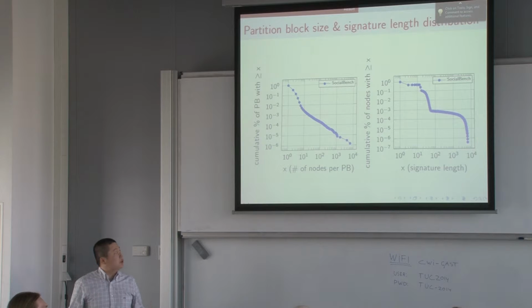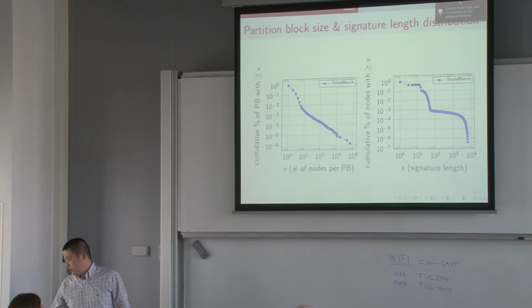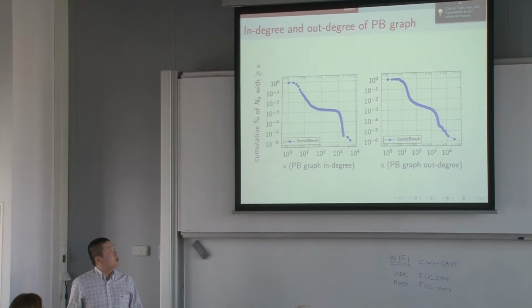We have two more graphs to show, which are the in-degree and out-degree of the partition block graph. We see that the out-degree of the partition block graph is kind of following a power law distribution, but the in-degree does not follow the power law distribution. Okay.